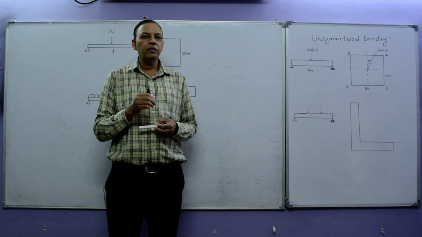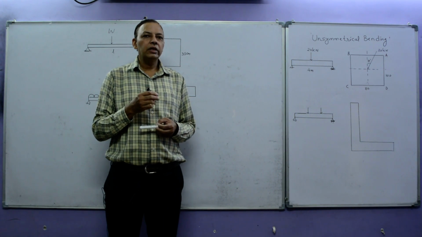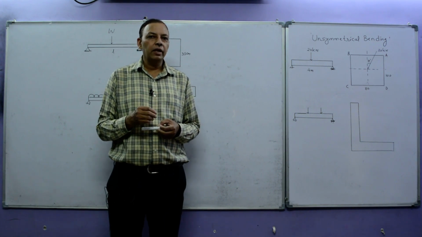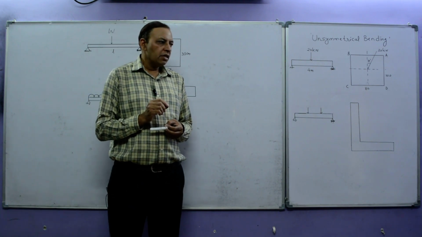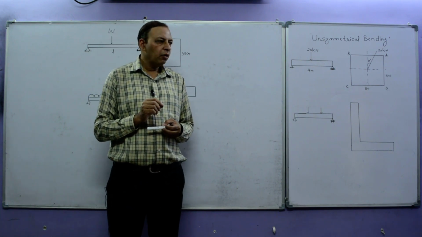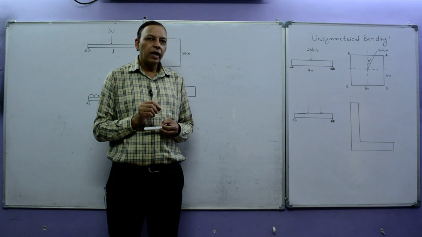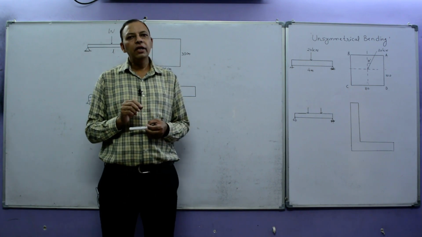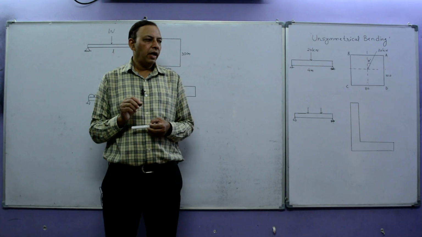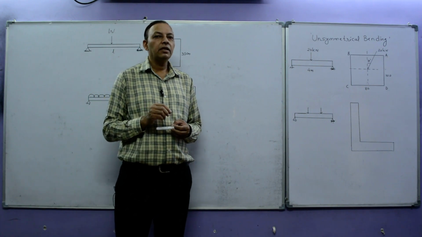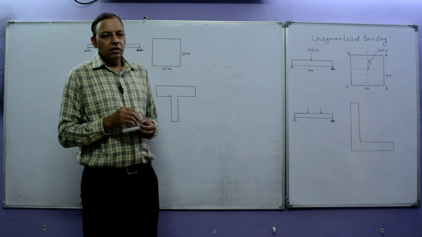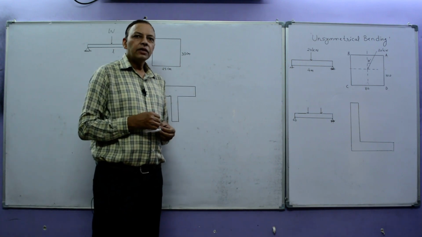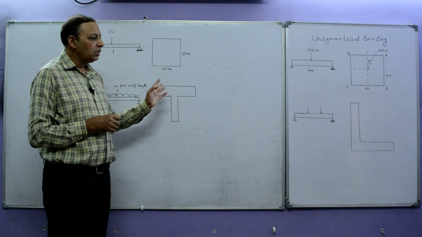It will help us to understand what is unsymmetrical bending. The assumption is that the section is symmetrical about a vertical plane passing through the vertical axis of symmetry, and bending moments act in that plane. This assumption we can better understand with the help of these diagrams.